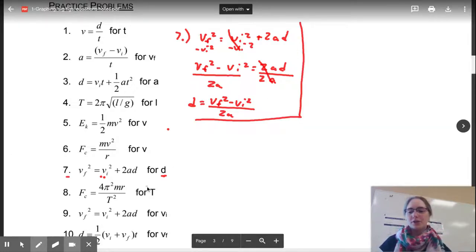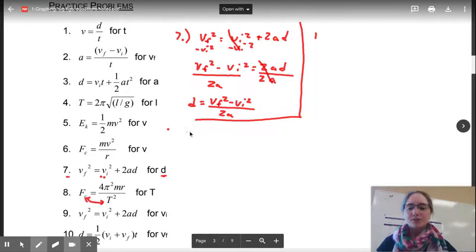So now we're going to go on to number 8, and we are going to solve for T. Remember, ladies and gentlemen, T's on the bottom. What do we do when we've got our unknown as our denominator? Mathematically break it to the top. Remember those methods that we went over earlier? Well, I am going to choose the shortcut method, and I'm going to swap those places.